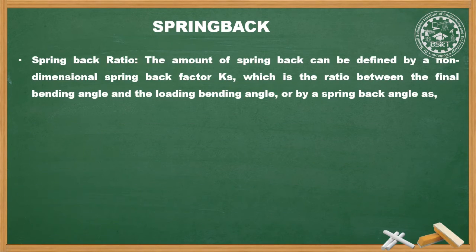The amount of spring back can be defined by a non-dimensional spring back factor Ks, which is the ratio between the final bending angle and the loading bending angle, or by spring back angle. Ks is equal to theta f upon theta i.